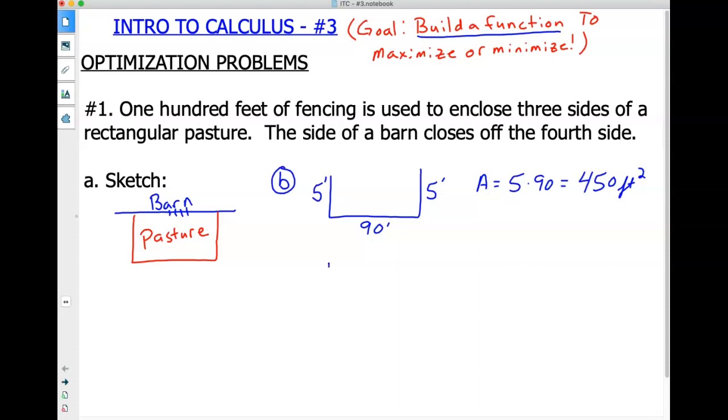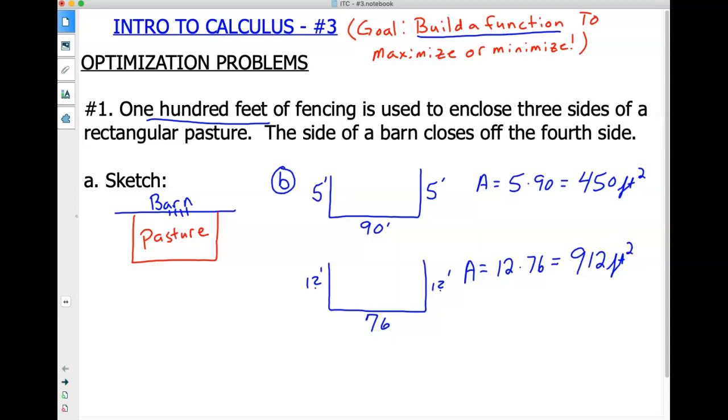Well, how does that change? If I have 12 feet here, 12 feet here, I only have 100 feet of fencing, so 12 and 12 only leaves 76 feet to close off that third side. What would the area be? The area would obviously be length times width, or 12 times 76, which happens to be 912 feet squared.